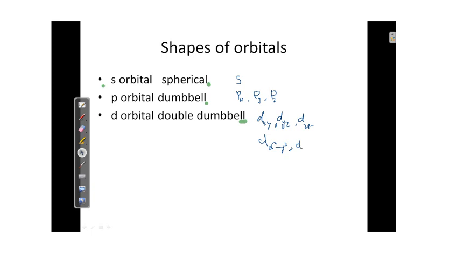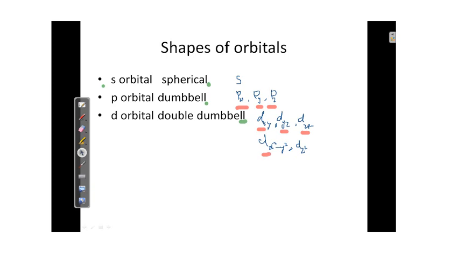So these are the different orbitals. Once again, in the S subshell we have only one orbital, that is S, in the P subshell we have three orbitals, Px, Py, Pz, and in the D subshell we have 5 orbitals: dxy, dyz, dzx, dx square minus y square and dz square. So these are the different orbitals.